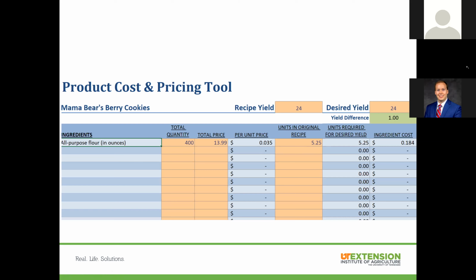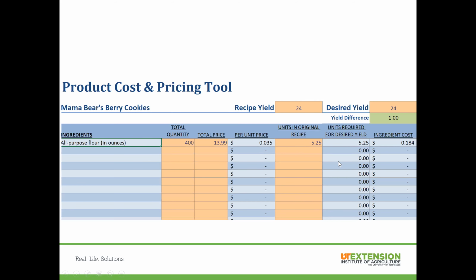Then the ingredient cost for the original recipe yield is 18.4 cents. As we'll see in a little bit, we can change this desired yield to a different number to make more cookies if we want to.